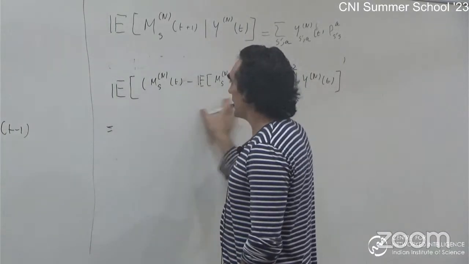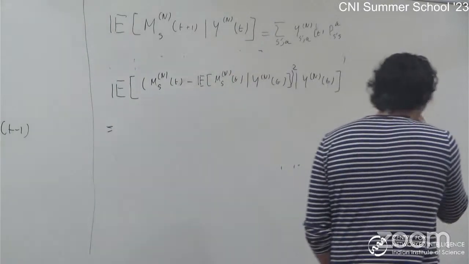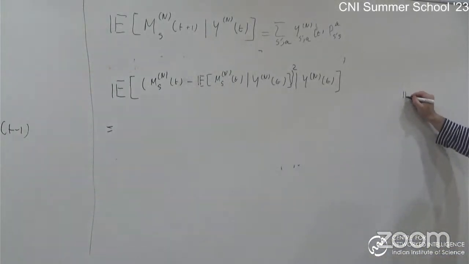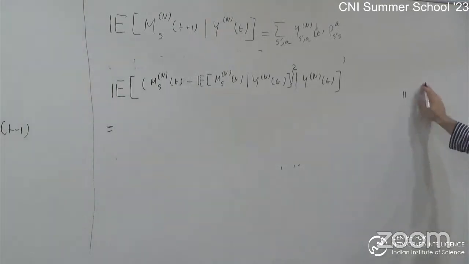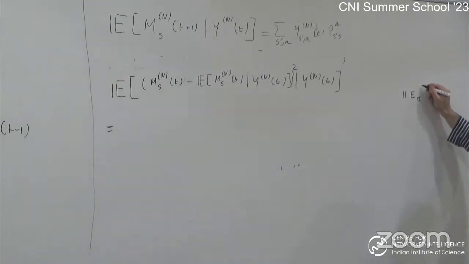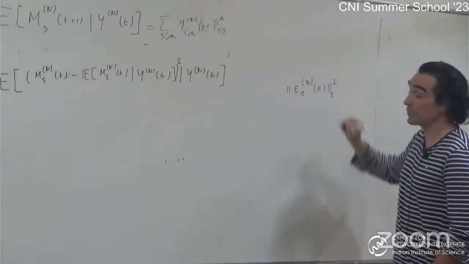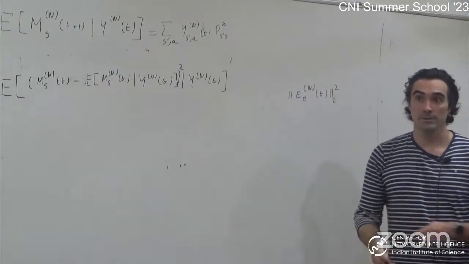Why am I looking at this term? Basically, I'm looking at bounding the norm squared, right?